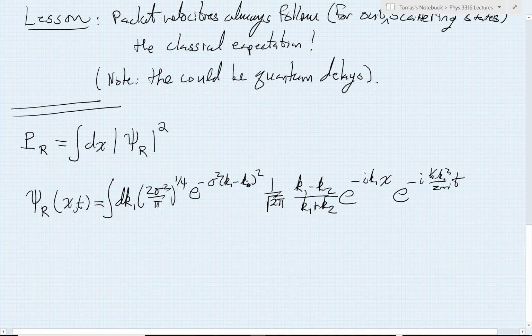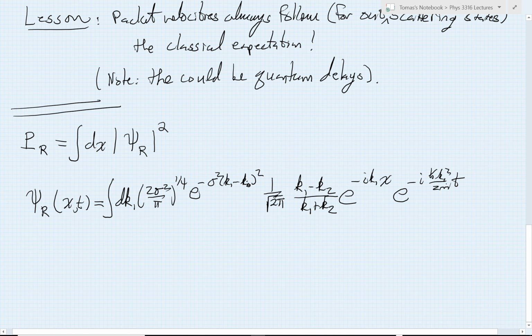Now, as we look at this, you'll notice, oh dear. It's some complicated function of k1. So I'm going to be doing some kind of Fourier transform. That's because I've got this e to the i k1 x. And when I'm Fourier transforming, it looks like one of these Gaussian functions. It has this other piece that depends on k squared. So I'm going to be doing some kind of crazy completing the square. I might be able to do that.